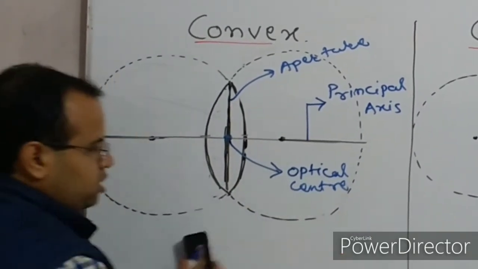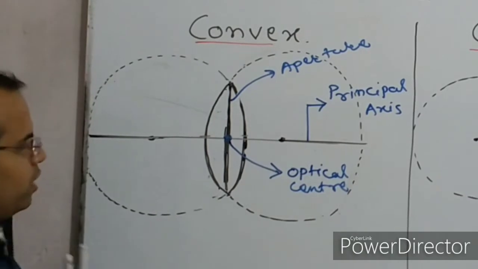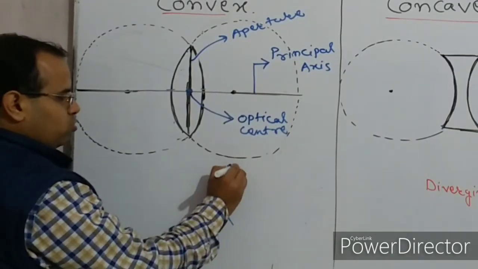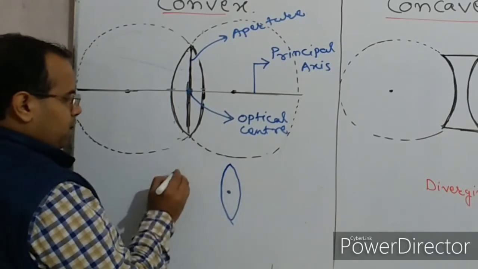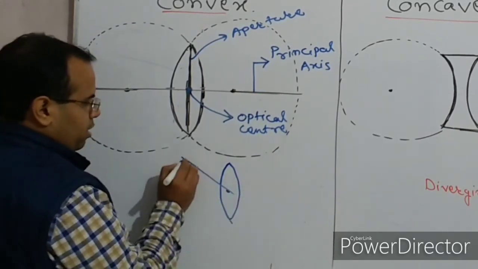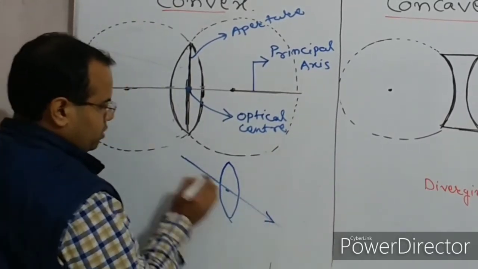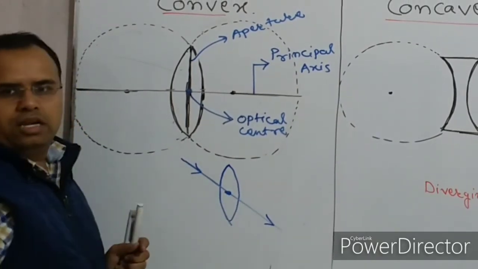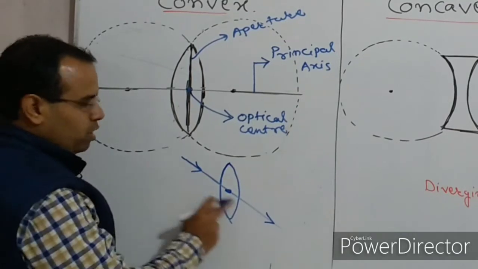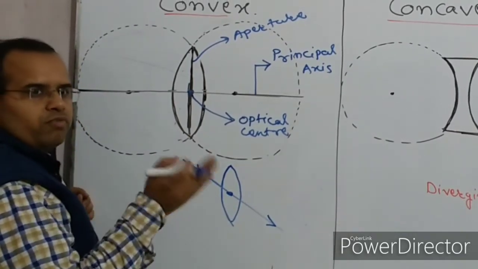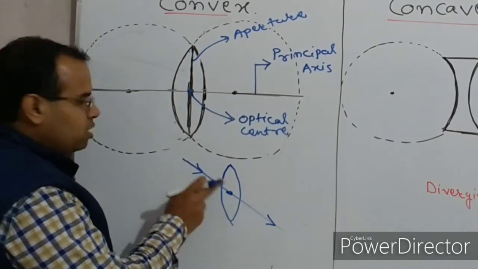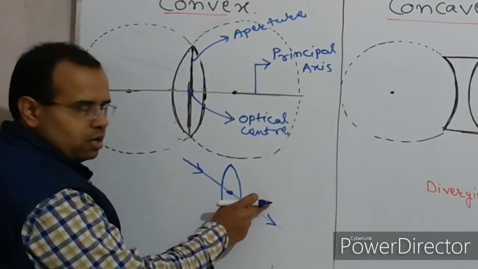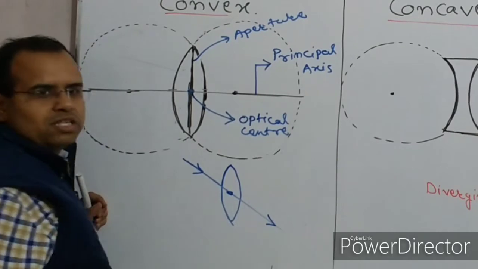Do remember that whenever light passes through the lens through the optical center, it remains undeviated. Equal but opposite refraction takes place when light passes from air to this surface and from this surface to air, and that's why the light ray remains undeviated.